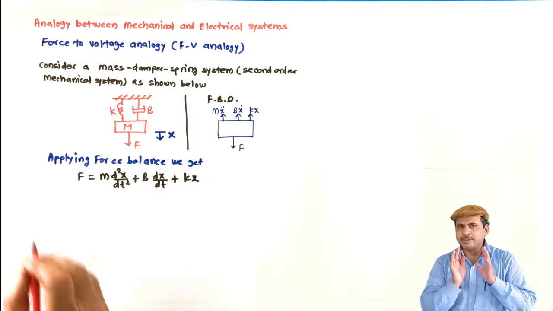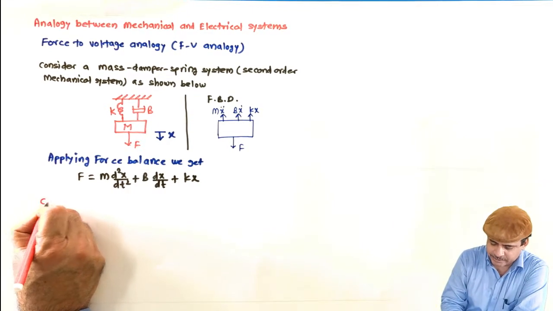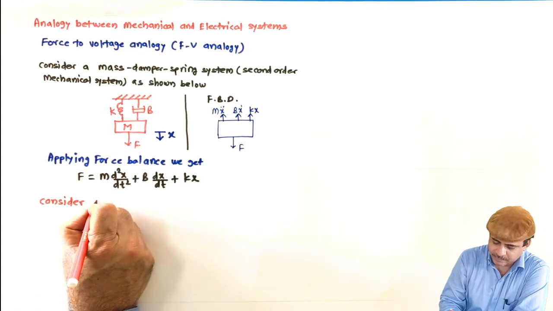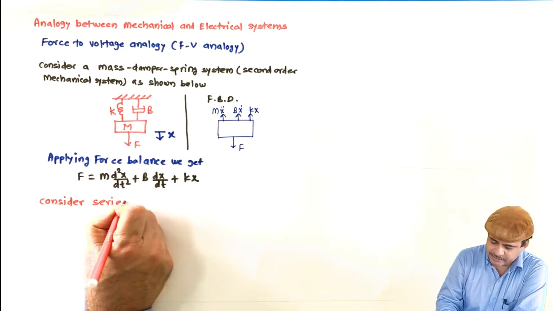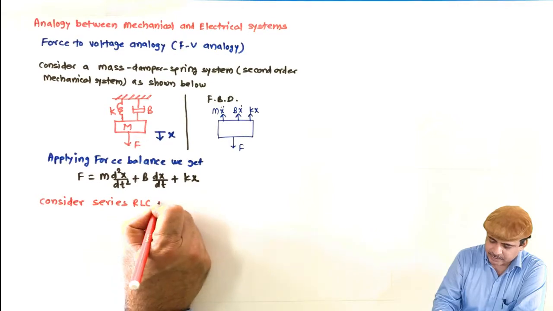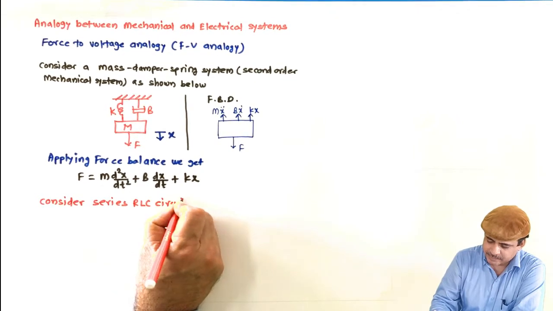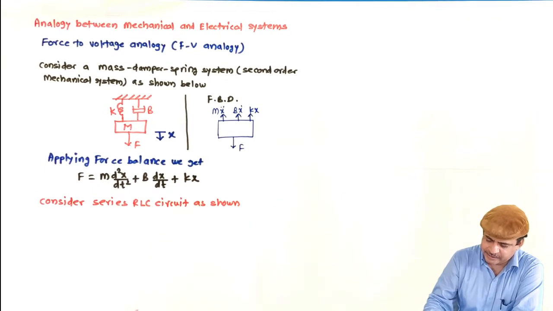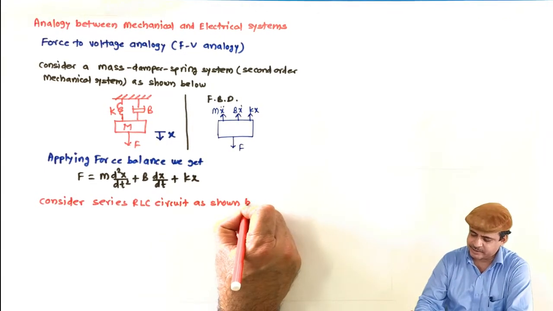And now to develop the analogy, let us consider a series RLC circuit as shown below. And this is a second order electrical system.